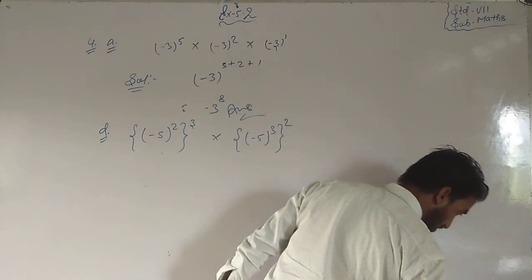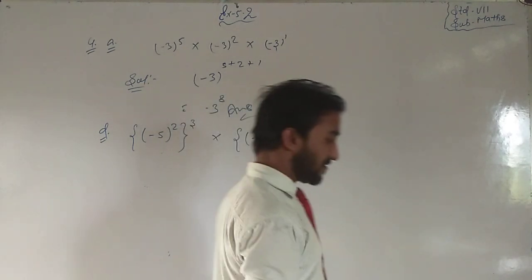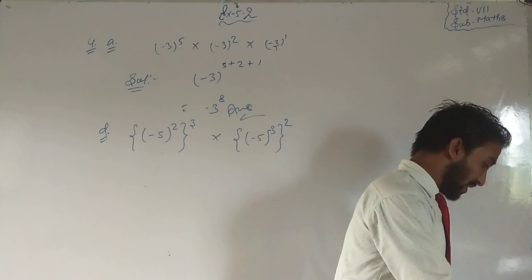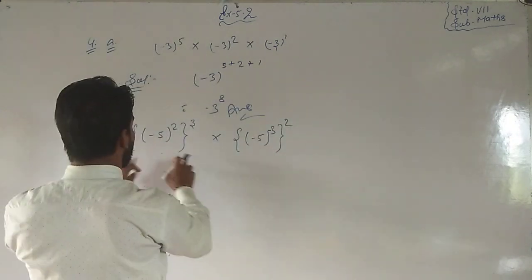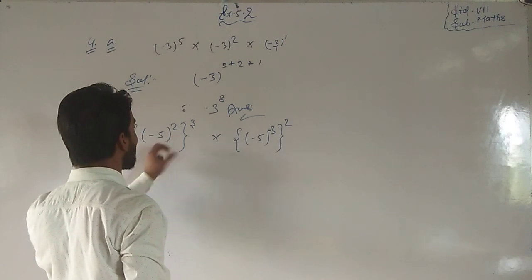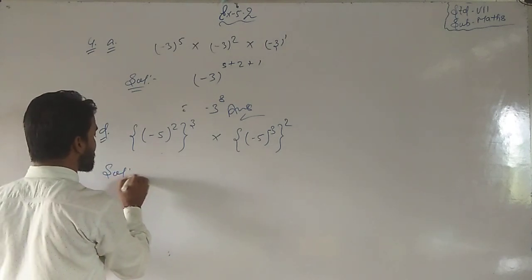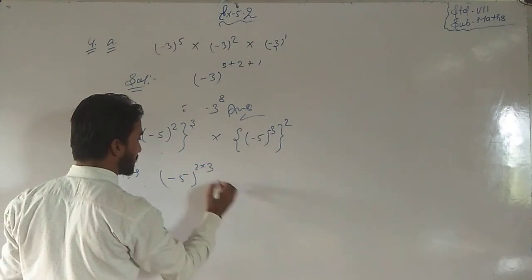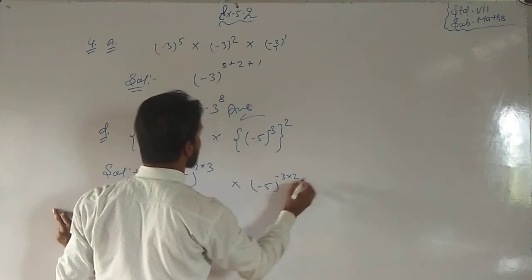Students, I think if you have studied the law of exponents, then I hope you came to know very easily how to solve these questions. Am I right? See, (-5)^2 to the power 3. In such a way, how will it be solved? Simple. Both powers will be multiplied. What will the answer be? 2 into 3, and minus 3 into 2.